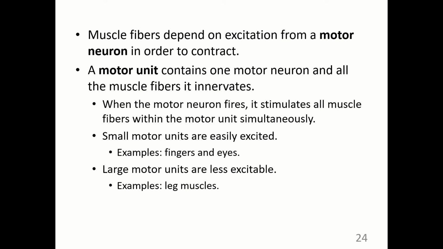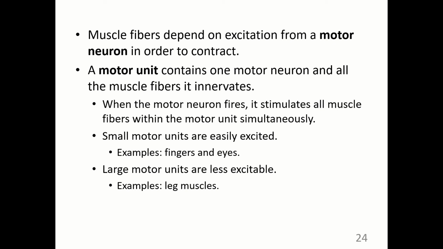All of these muscle fibers will contract at the same time, and they are going to be scattered throughout the muscle. This allows the muscle to generate a weak contraction even when there are just a few signals.